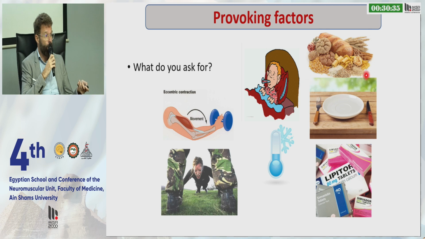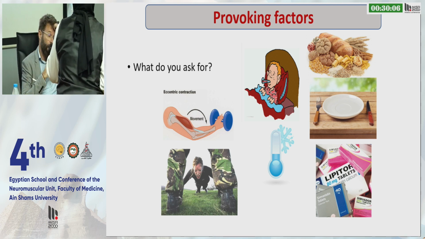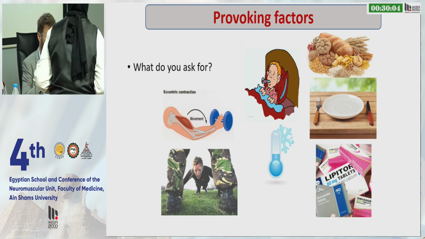If this happens when you have a meal that is full of carbs, this is the case of hyperkaliemic paralysis. When you have fasting, or this is especially in adults, when you have, for example, the absorption of statins, you can have muscular symptoms. And then it's important that exercise can be a trigger factor of rhabdomyolysis.